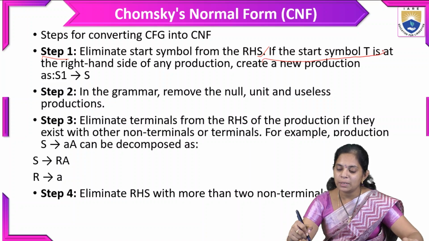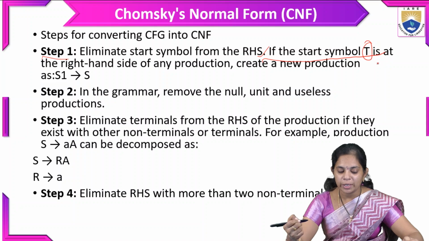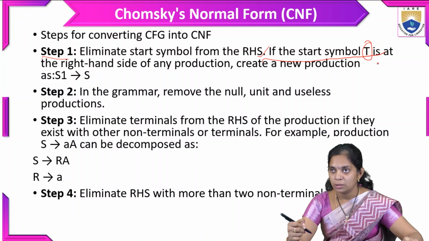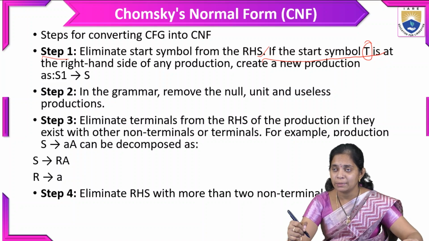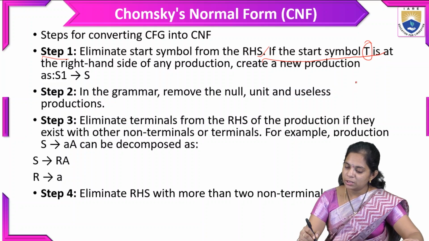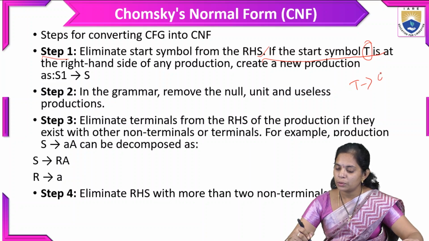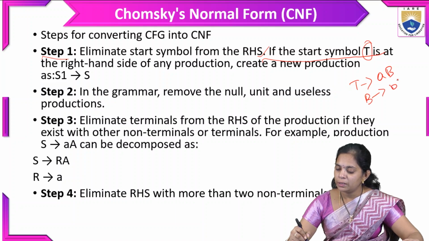Suppose T is the start symbol and it appears on the right-hand side of any production, for example B tends to BTB.